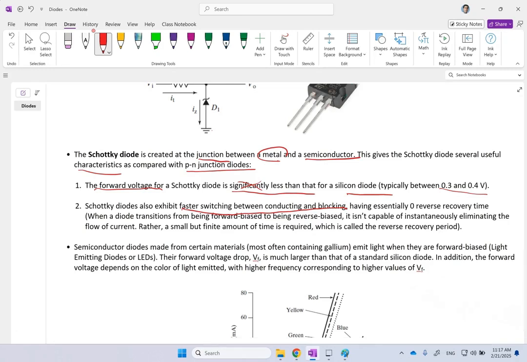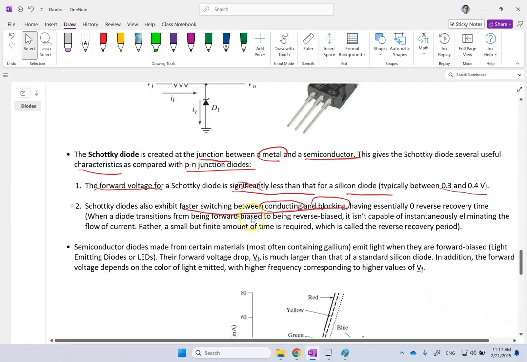Okay, so the time that it takes them to go from conducting or forward mode to blocking or reverse mode is literally very, very small. Typically, there is some time when your diode goes from forward bias to reverse bias. There is a little bit of time between them, which we call a recovery period.